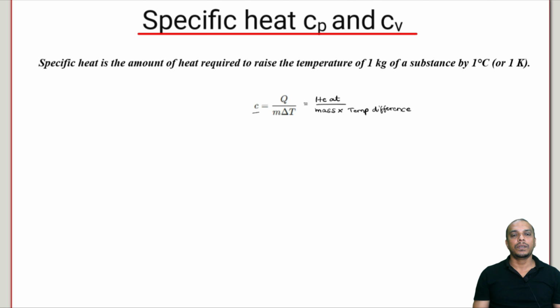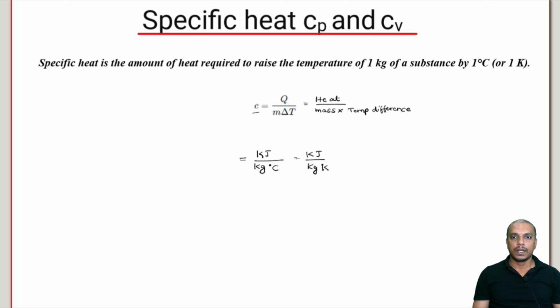So we can derive the unit of specific heat. Heat can be substituted in kilojoule, mass in kg, and delta T in degree Celsius or Kelvin. There is no difference whether you substitute the value in degree Celsius or Kelvin.